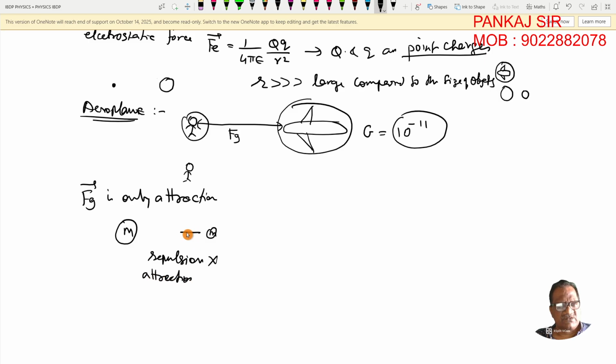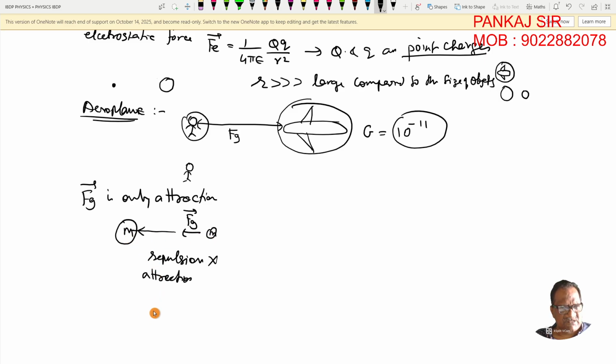And the smaller body will be attracted towards the bigger body. So the force of gravity will be acting in the direction right to left in this case, towards the center of the bigger mass, because this is a smaller mass and this is a bigger mass.